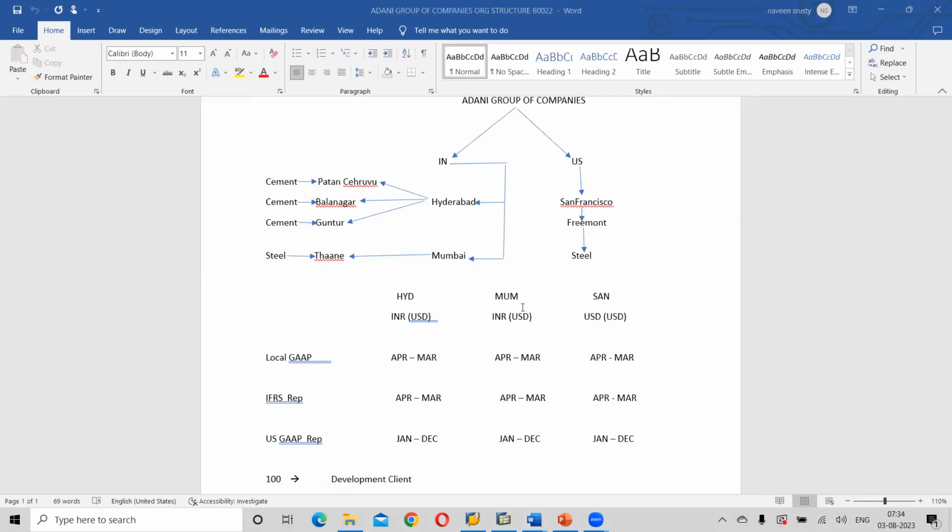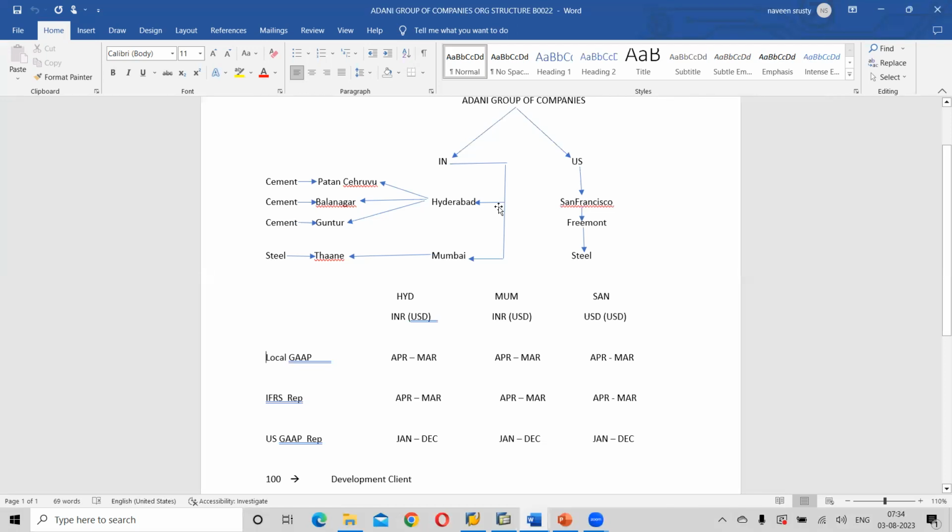How many companies do we have under Adani Group? Hyderabad, Mumbai, and the US company in San Francisco. All three companies must use the same chart of accounts. I'll explain what a chart of accounts is later, since it's early to explain that, but remember that it needs to be the same.